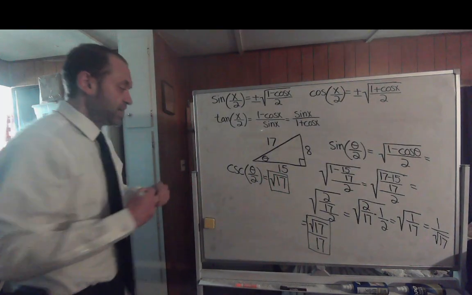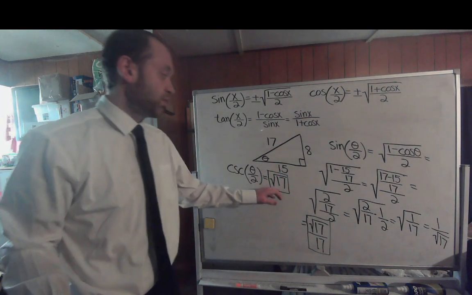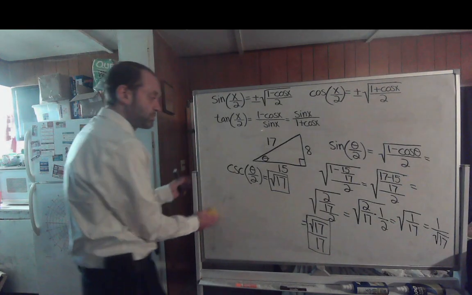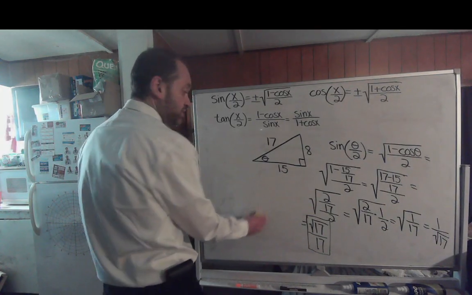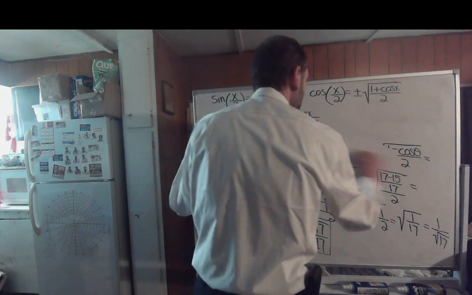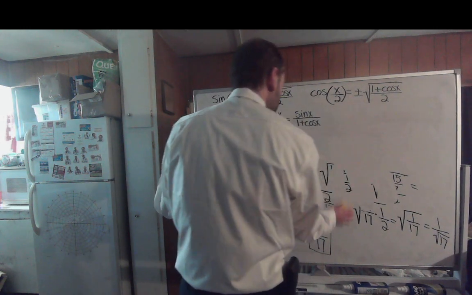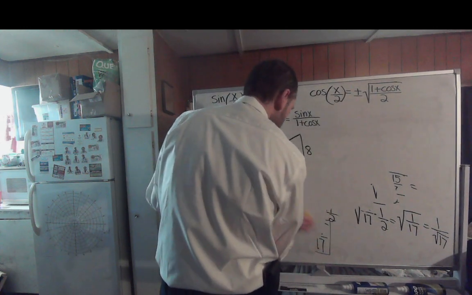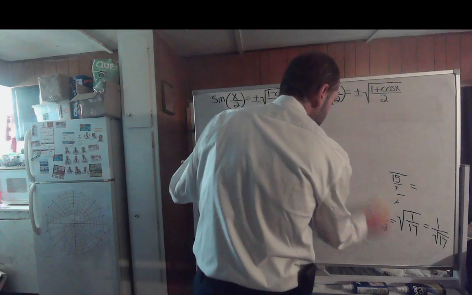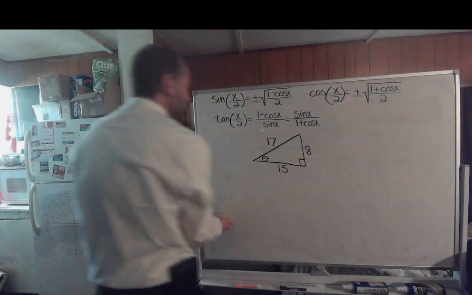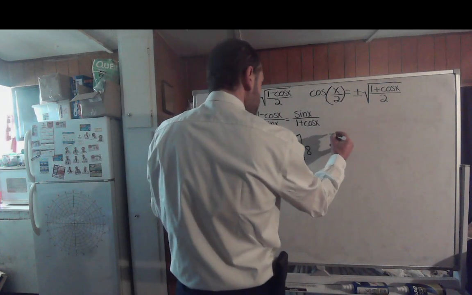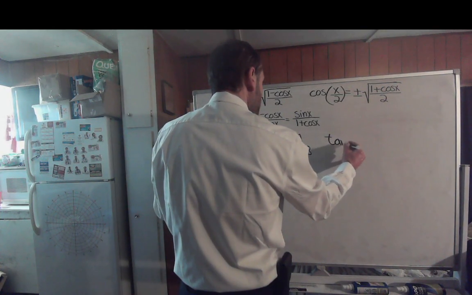So the cosecant of theta over 2 is just the square root of 17. Alright. Then you knew it was coming. We're going to deal with the tangent of theta over 2. So let's go ahead with the tangent of theta over 2.